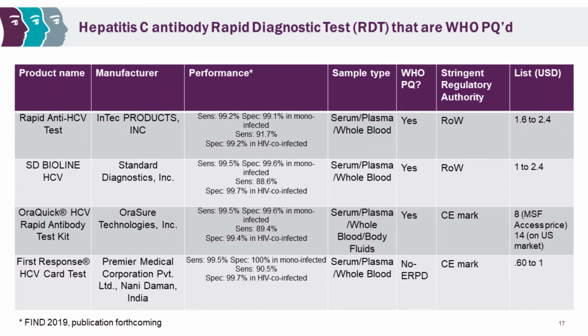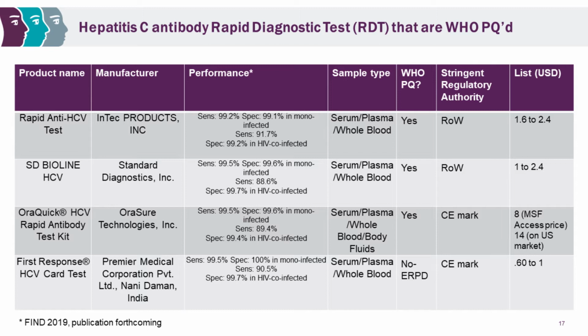So this next slide here is mainly for your take-home reference and reading. What this lists is the hepatitis C antibody RDTs that are currently WHO PQ'd or ERPD. Now, this list is evolving as WHO PQ and ERPD review new technologies.